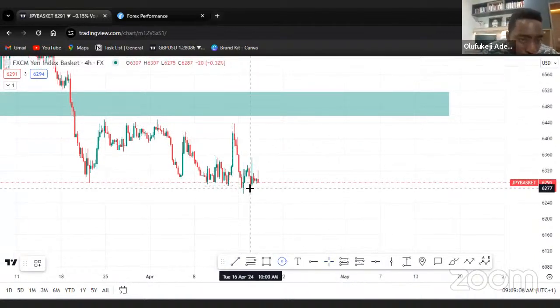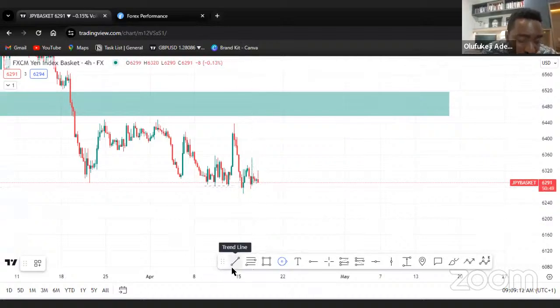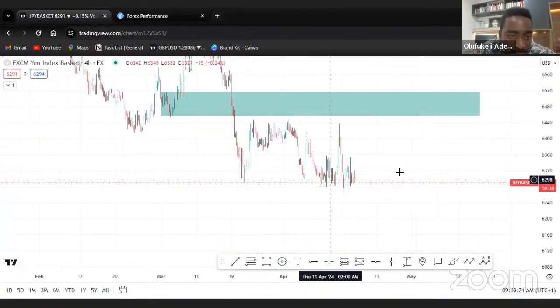So if that support holds, where is the diagonal liquidity that is going to consume? The liquidity to the upside.